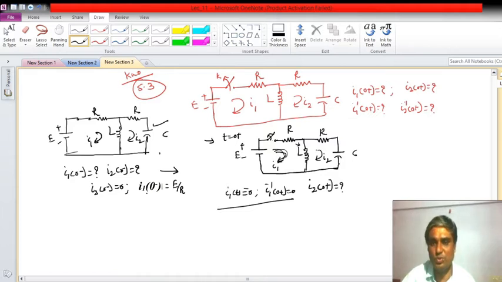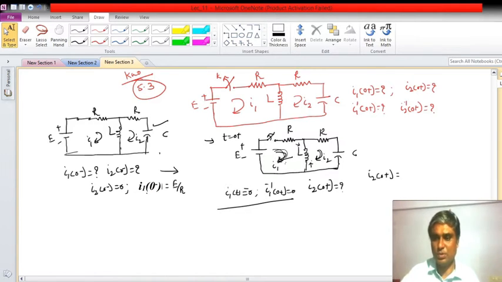What is the direction? I1 is already assumed to be 0, so here I am assuming that i2 is flowing, right? And this value of i2 should be the same as before the switch was thrown away. So i2(0+), the current through the inductor now, has to be equal to the current through the inductor before switching. And what was the current before switching?